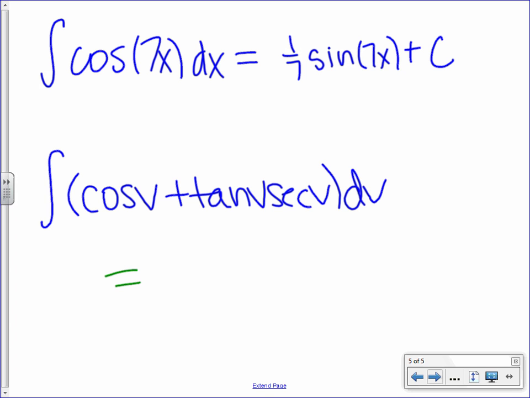Jimmy, what's the antiderivative of cosine? Okay. Brady, antiderivative of tangent secant. Would it be tangent? Nope. Secant. Yep.